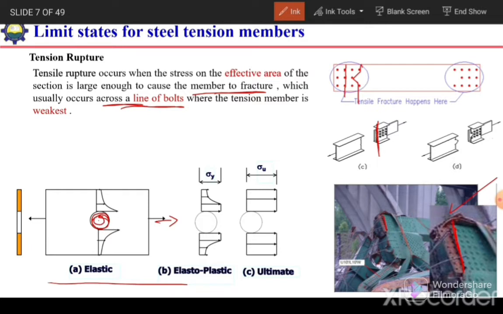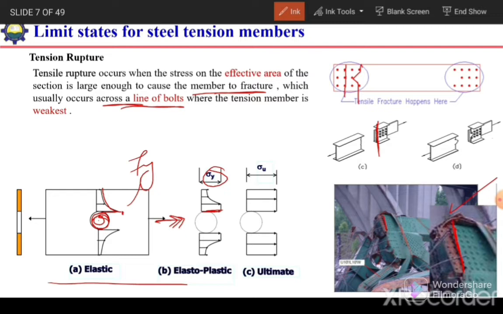These tensile stresses will have the highest value near the edge of the hole, and this stress will continue to decrease away from the hole or away from the bolt. When we go on increasing the load, this stress will go on increasing. A stage will come when the stress at this point will reach Fy, the yield strength of this plate.